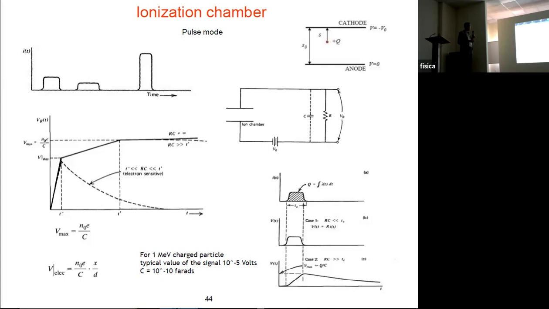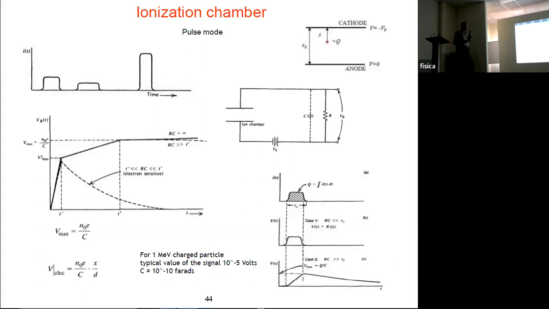And here is a simple picture of how an ionization chamber looks. Anode, cathode. This is the so-called parallel plate geometry. For example, you have an interaction somewhere at this point, in red.